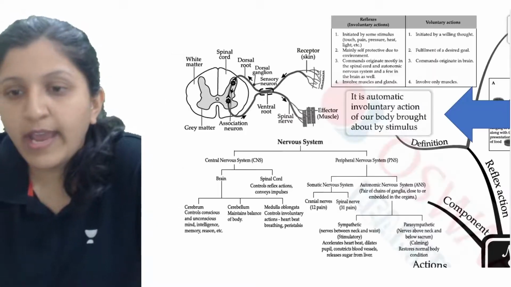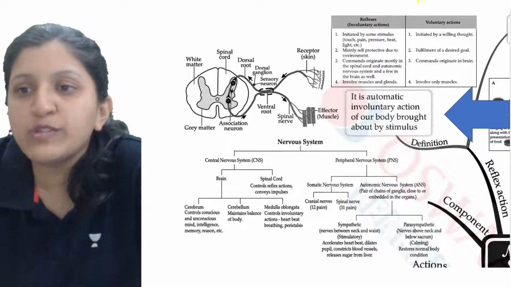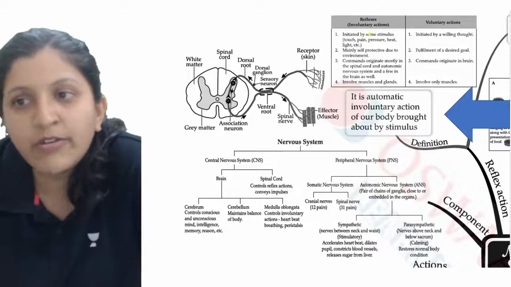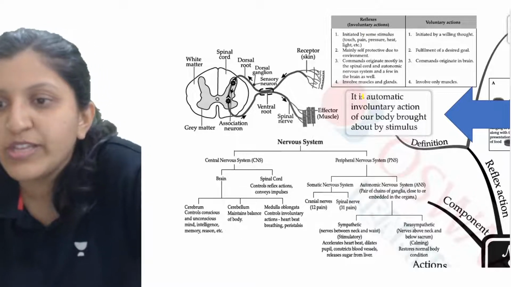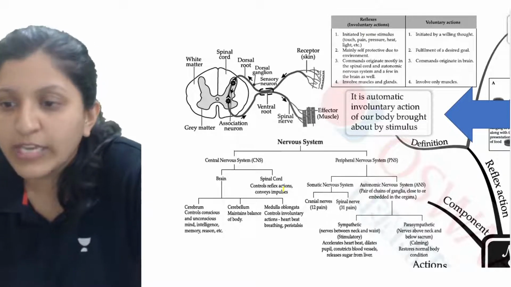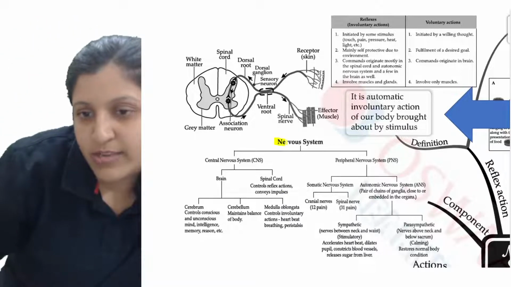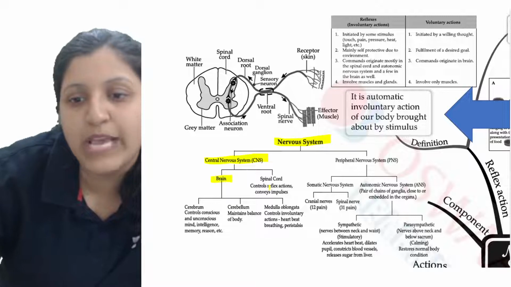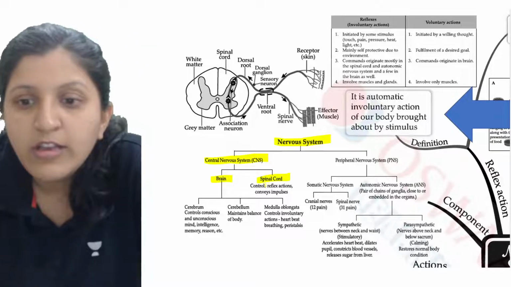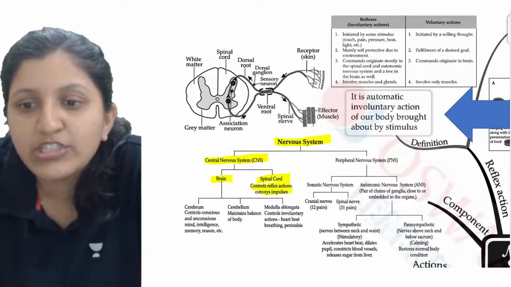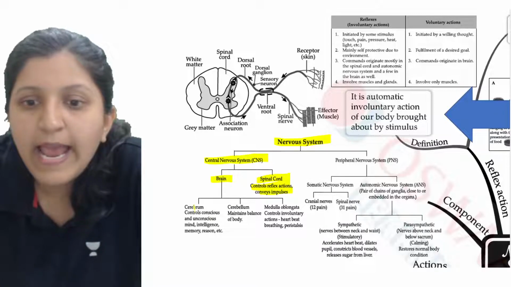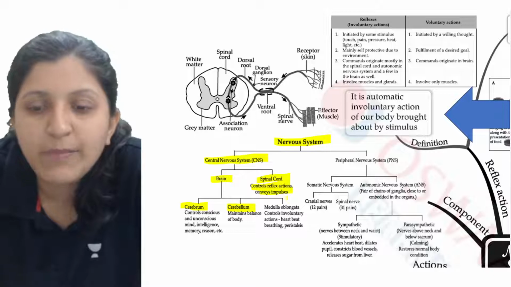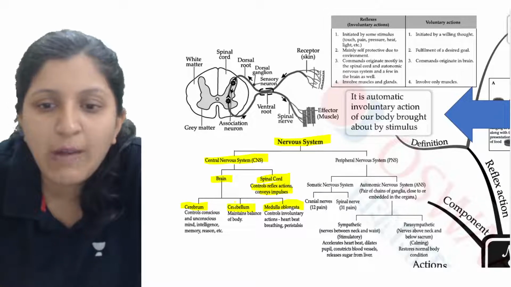Other than that, you can also find reflexes and certain voluntary actions mentioned here. This is with respect to the nervous system. There is a central nervous system, under which the brain and spinal cord are seen. This controls the reflex action, conveying the impulse. Under the brain you will study the cerebrum, the cerebellum, and then the medulla oblongata.